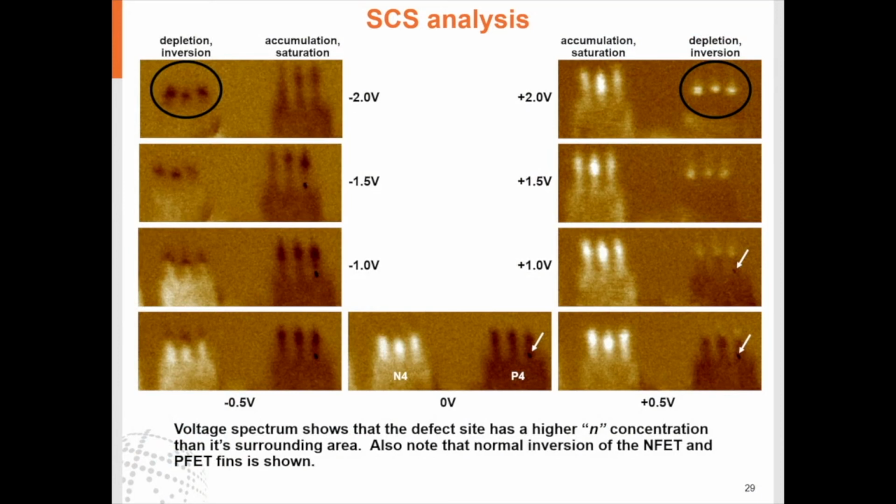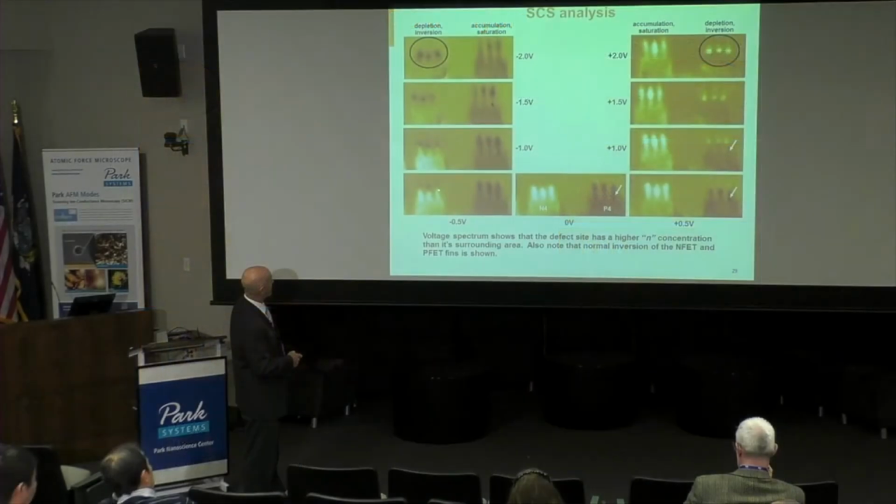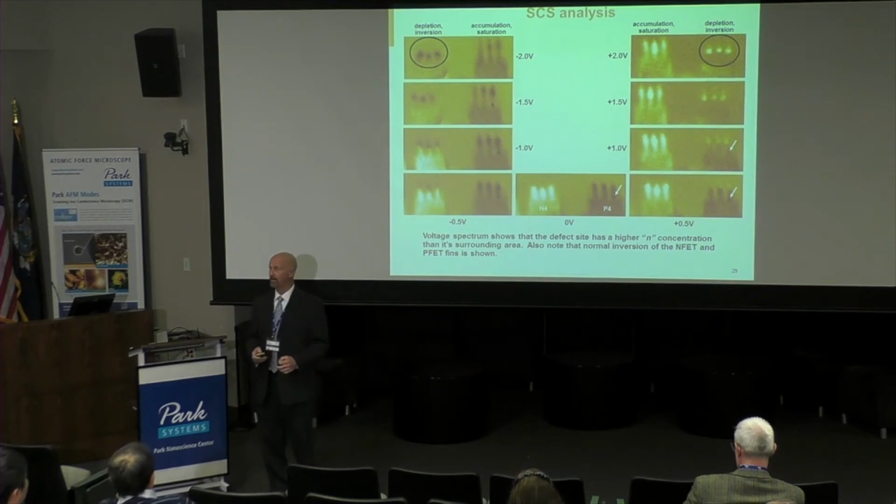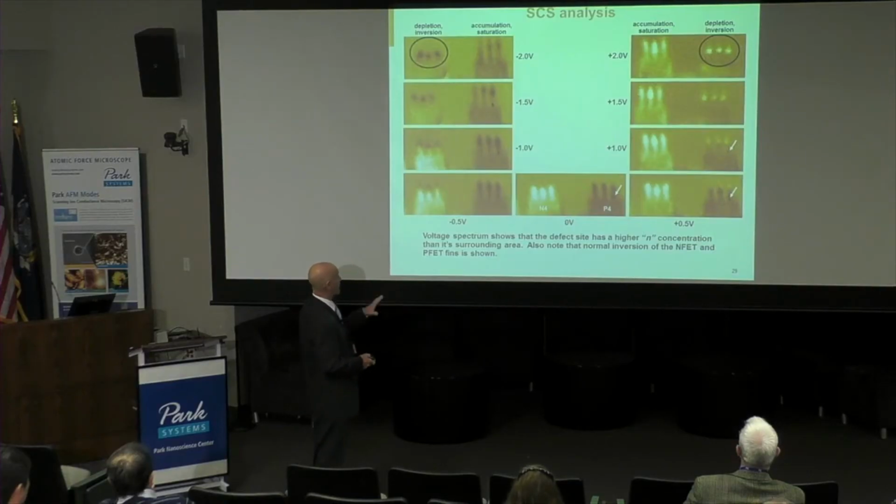And then going the other direction, if we look at the NFET, sure enough, over here, starting to invert, and now we've got the channel inverted on the corresponding NFETs. And that's another tool that one can use to understand if a device is operating as expected, as hoped. So just another benefit of this spectroscopic technique.